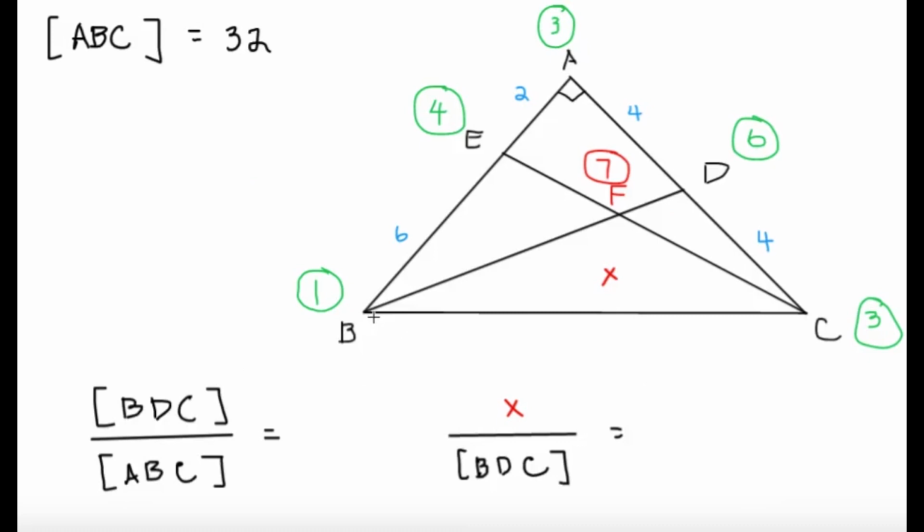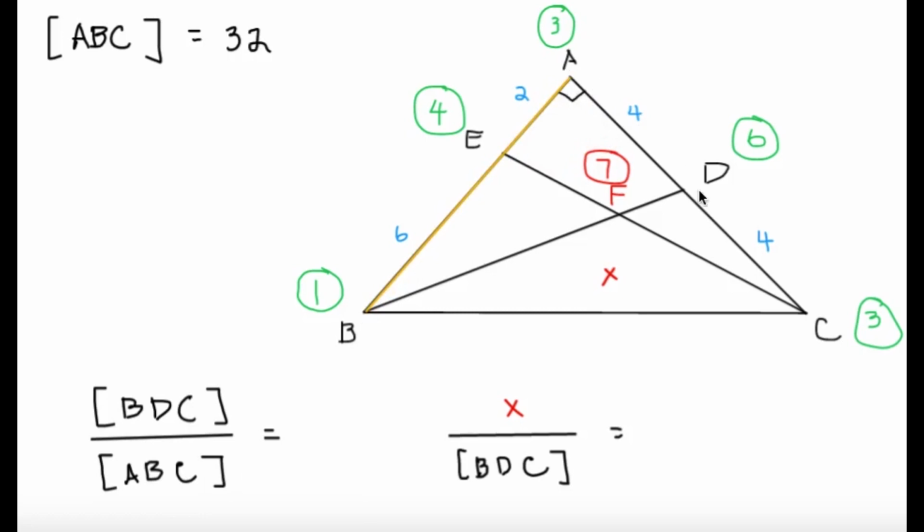Now let's make triangle BFC, which is half the shaded region, equal to X just for simplification. Let's try to get the area of triangle BDC to the area of triangle ABC. We can compare their respective bases because they have the same height to AC.